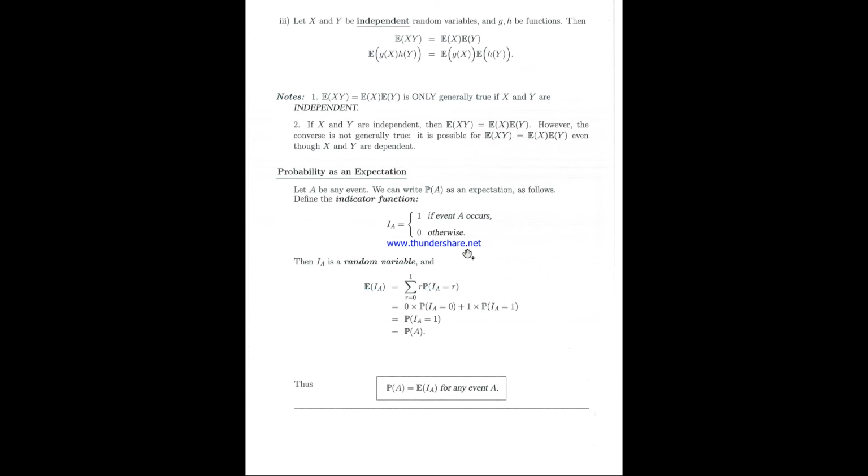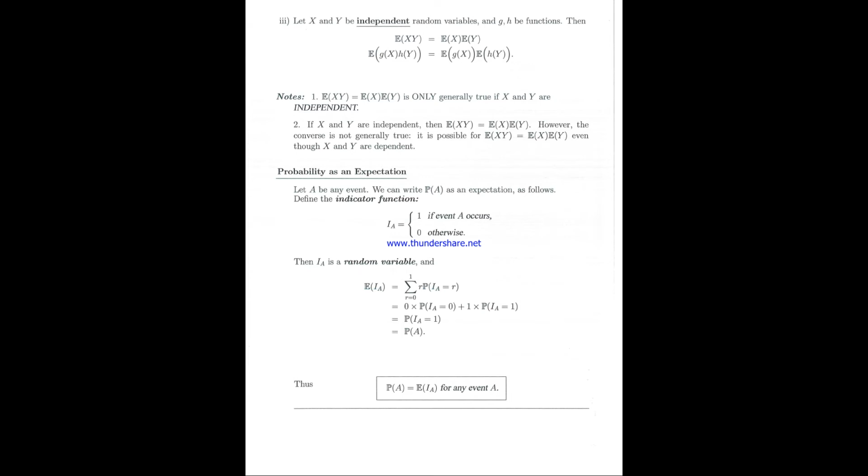You can see this indicator function is a random variable. It has two values, 1 and 0. 1 is when A occurs, otherwise it's equal to 0. So I_A, the indicator function, is a random variable.